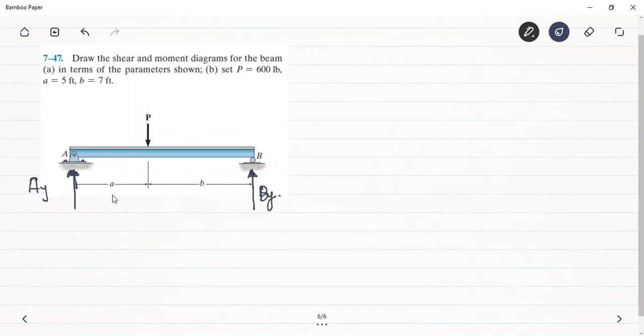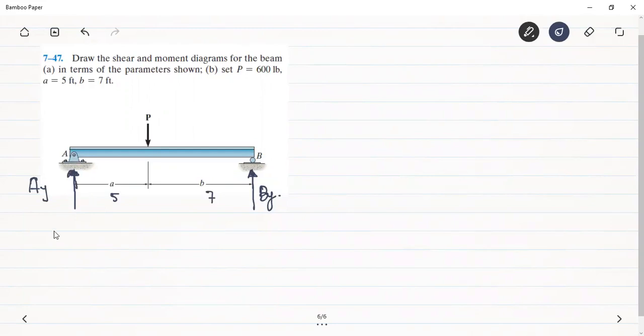So this is 5 feet and this is 7 feet. Where do you expect the reaction to be more, at AY or BY? Obviously, the load is closer to this support A, therefore reaction A will be more.